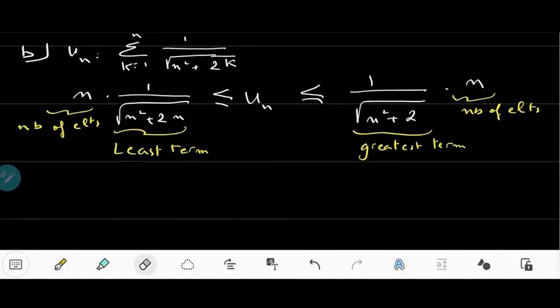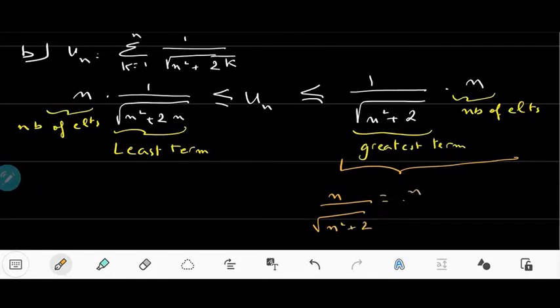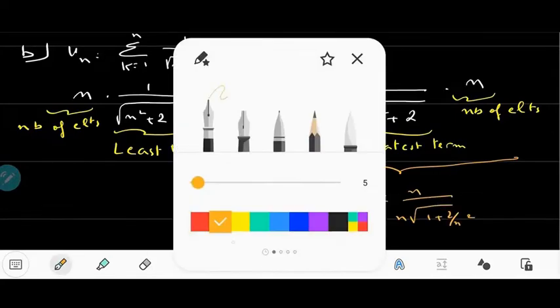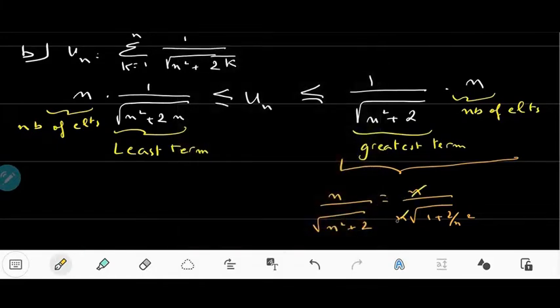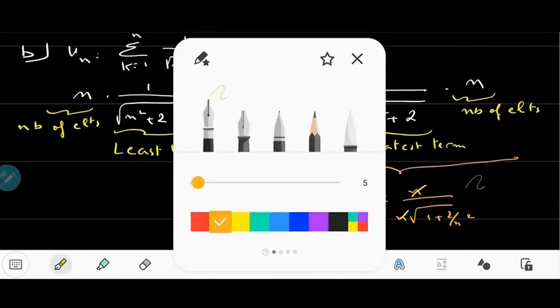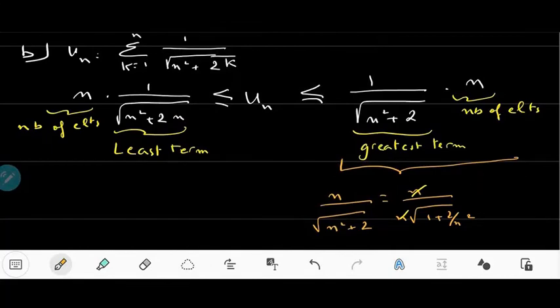So on the right side, we have n over square root of n squared plus 2, which is equal to n over n square root of 1 plus 2 over n squared. So if we simplify n by n, this is something that goes to 1 when n tends to plus infinity.